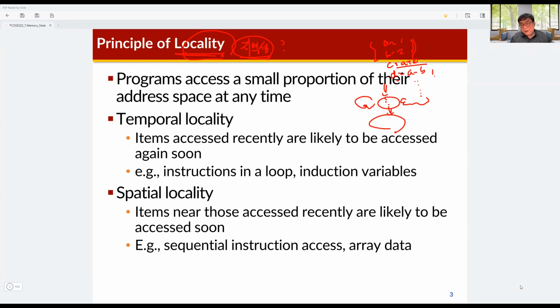So data is defined and the data will be used, and then this data, or some neighbor data, will be used again and again. That is the property of locality.